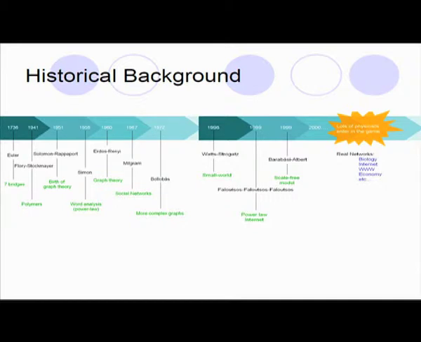This saw a very big boom after 2000, when the World Wide Web and the internet came into being. The World Wide Web can also be thought of as a network, where each node is a web page, and two nodes are connected by a hyperlink, that is, one web page hyperlinking another web page. That's how a World Wide Web graph is conceptualized.